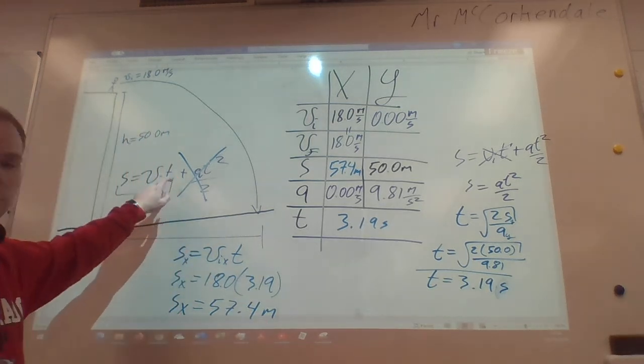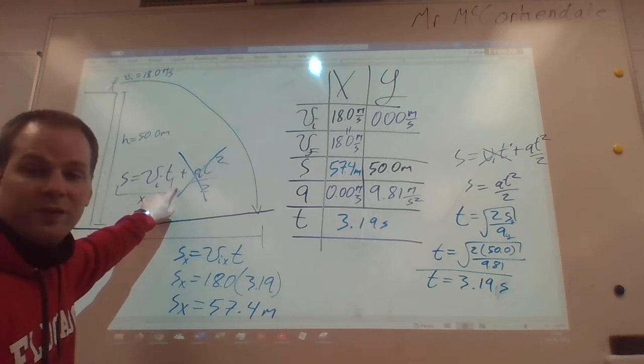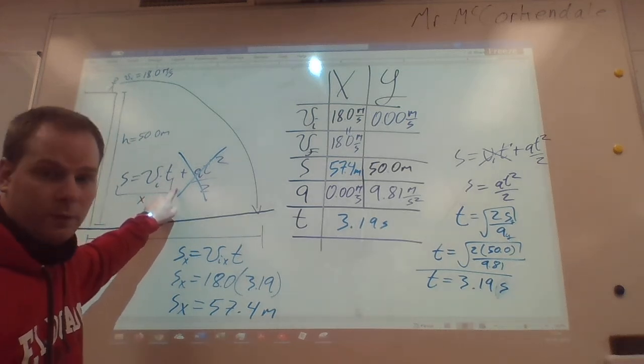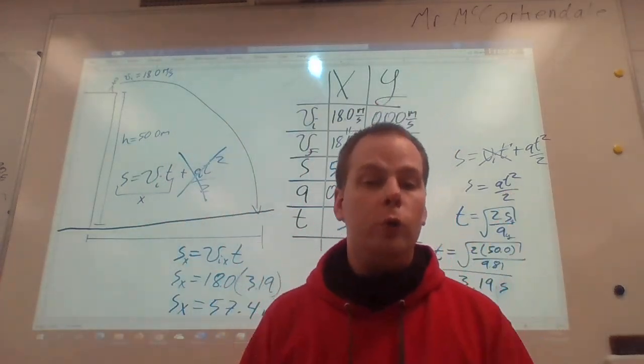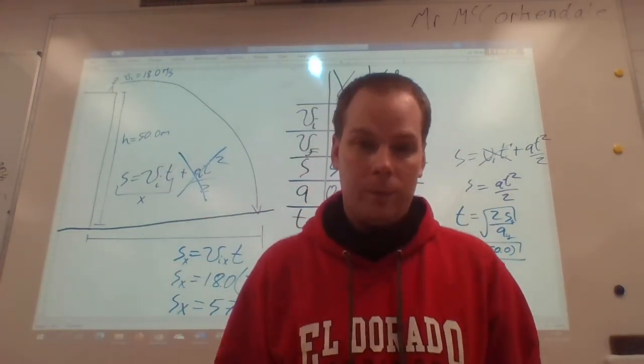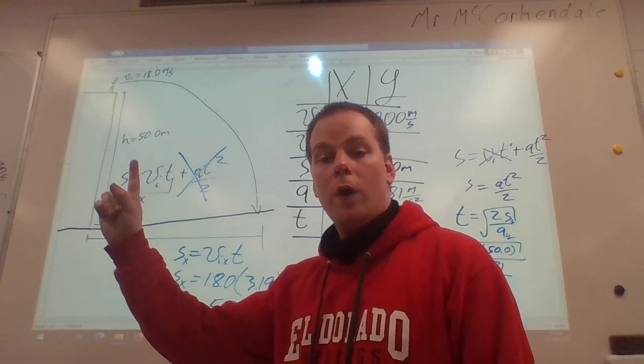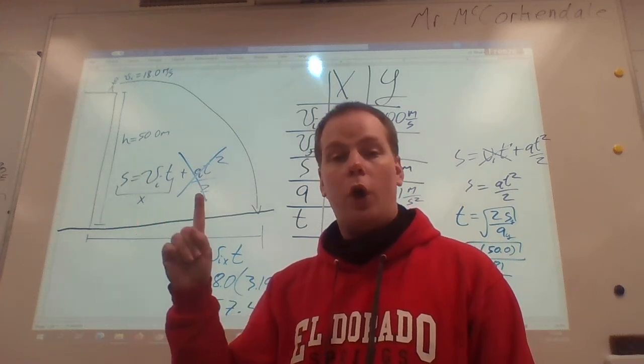This equation is your best friend in this chapter, in this unit. That is the equation you are almost always going to be using, because one side of this is almost always 0.